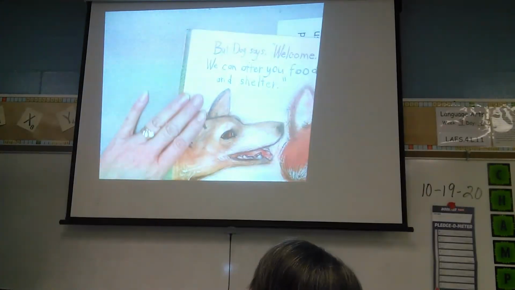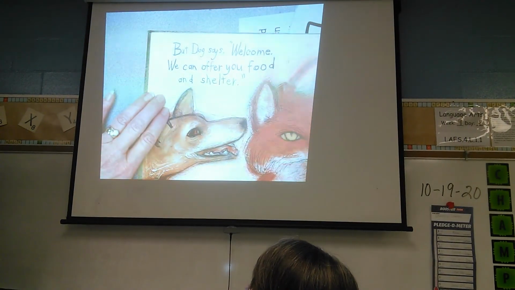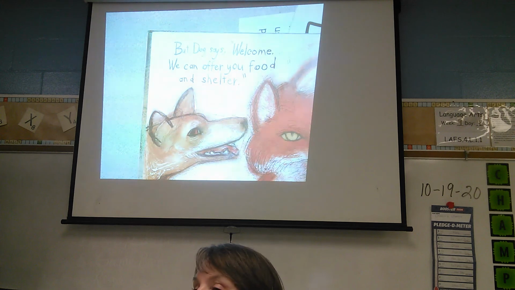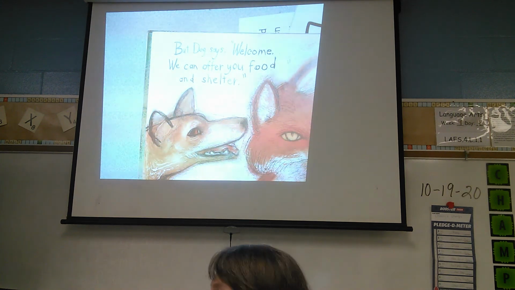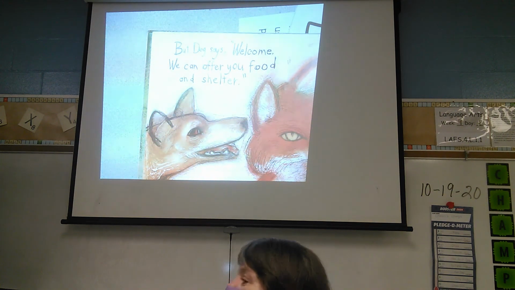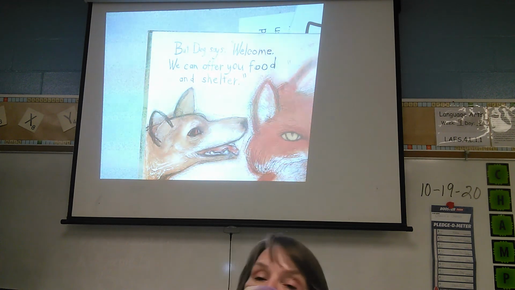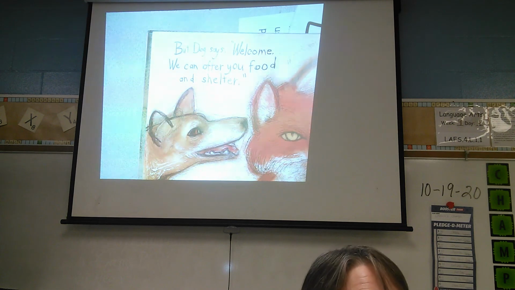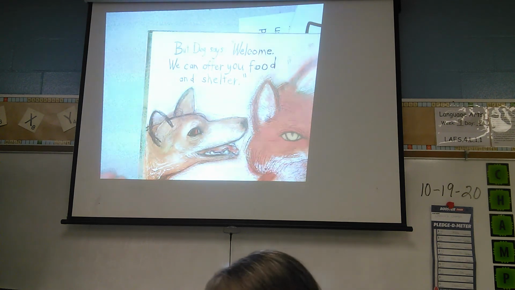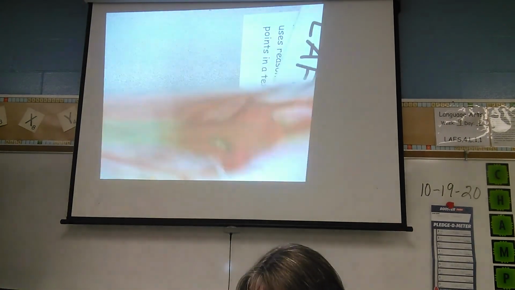We can offer you food and shelter. So Dog is not just welcoming and caring and persistent and loyal to just Bird, but that's who he is with everybody. Okay? Magpie, on the other hand, is not so sure.